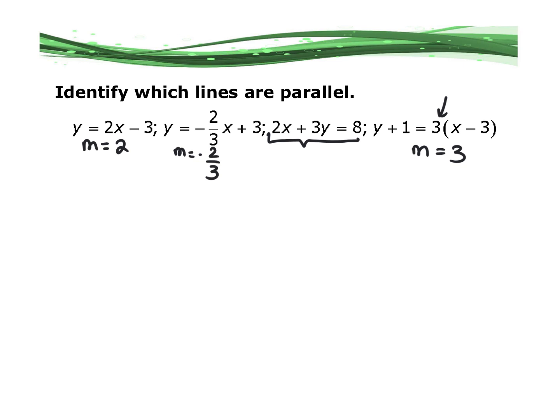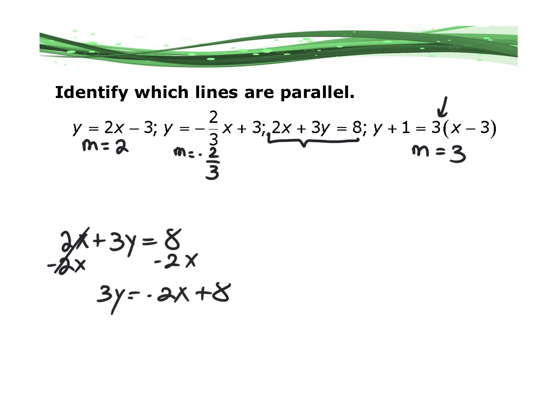So in order to move to slope-intercept form, I'm going to go ahead and rewrite it first. I'm going to move the 2x over, which is going to leave me with 3y equals negative 2x plus 8. Afterwards, I will divide by 3 on both sides. And it's going to leave me with y is equal to negative 2 over 3 x plus 8 over 3.